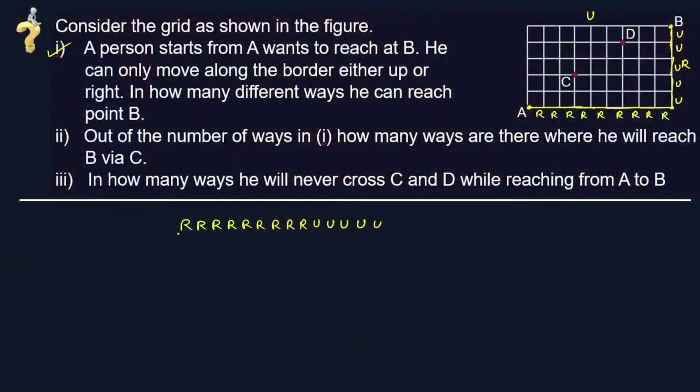There are 9 right movements and there are 5 up movements. Now, if you swap any right movement with an up movement, you are going to get a new path. See this one. If I go up, then I go right, then again up, then again right.